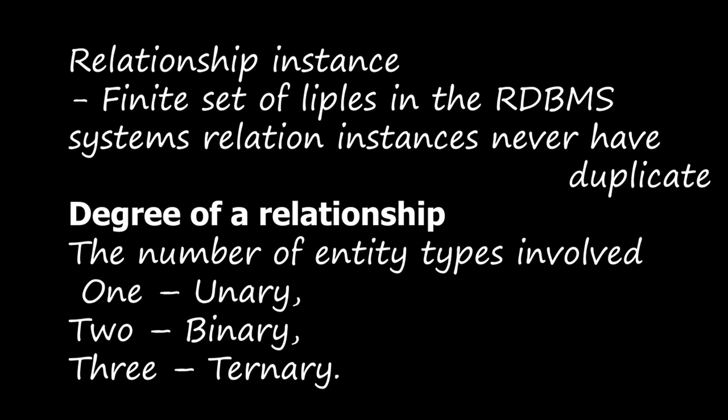And the next one we are going to see is degree of relationship. In degree of relationship, the number of entity types involved: we'll say 1 is unary, 2 is binary, 3 is ternary. For example, one employee of an organization acts as a manager and some other employees are also there. It is connected as one entity to itself as a loop.